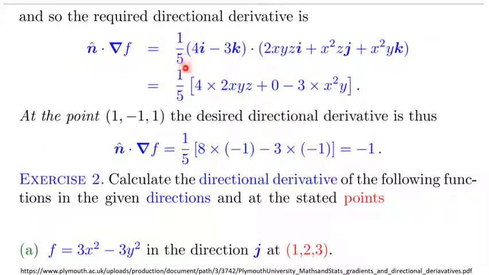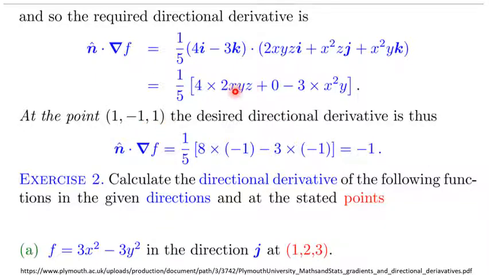So 1 upon 5 times (4i minus 3k) is the value of n cap. We substitute the value of n cap here. After that we substitute the value of del f and find the dot product of it. When we find the dot product, we get this equation. But we have to find this directional derivative at the point 1, -1 and 1.